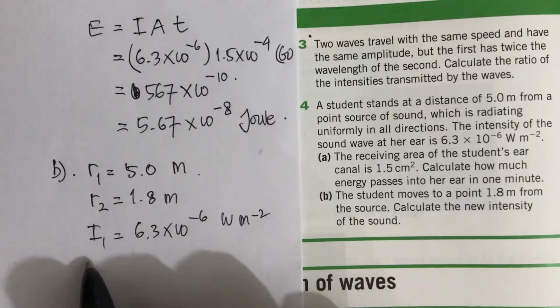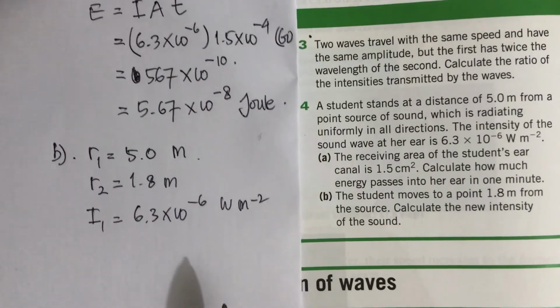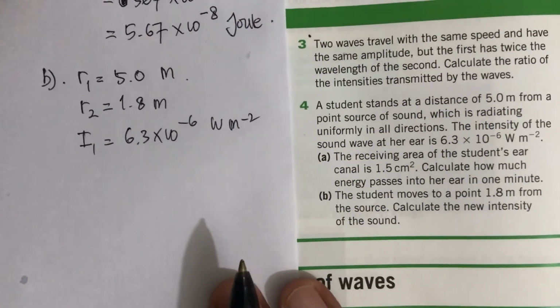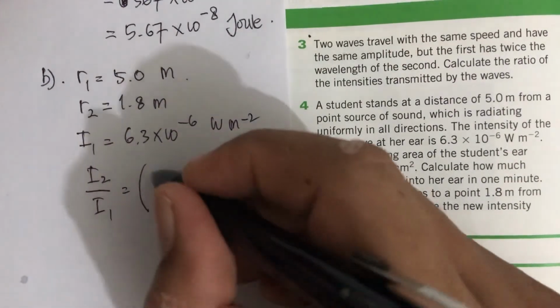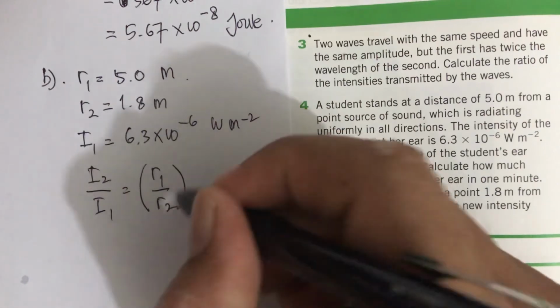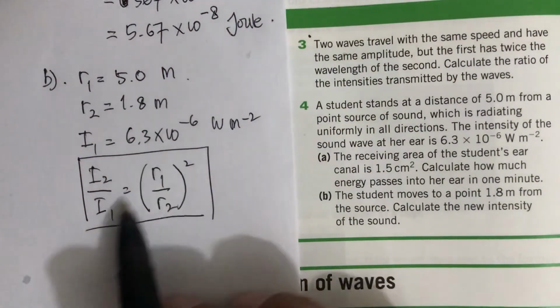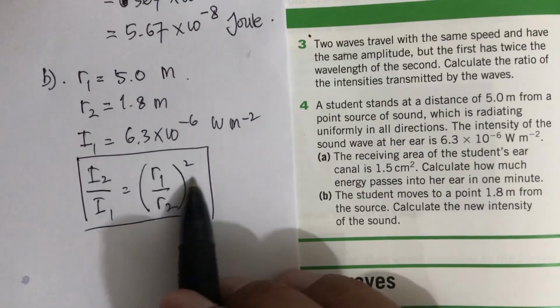So what about I2? The ratio of I depends on R: I2 divided by I1 equals R1 divided by R2, squared.